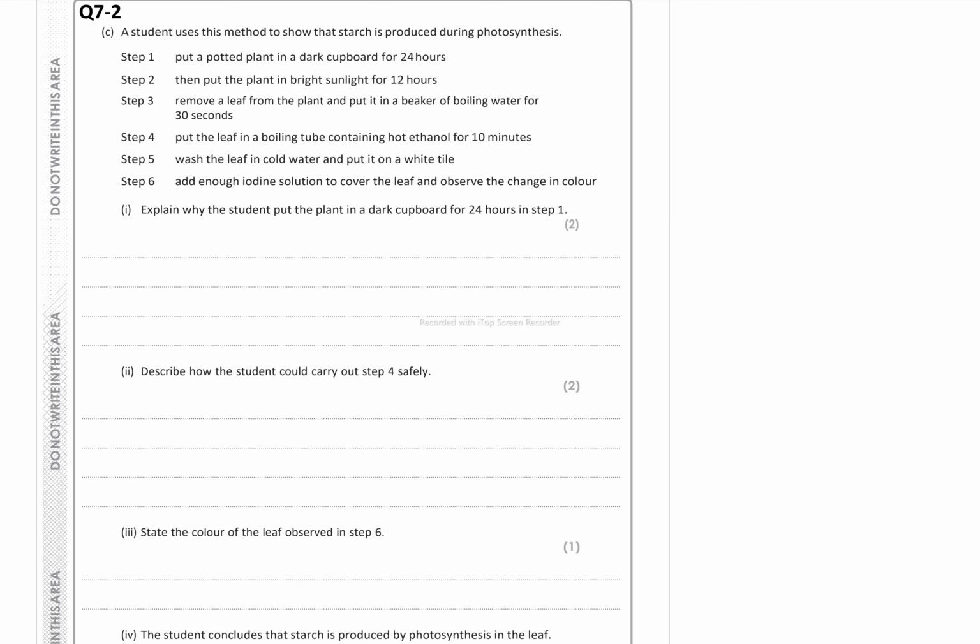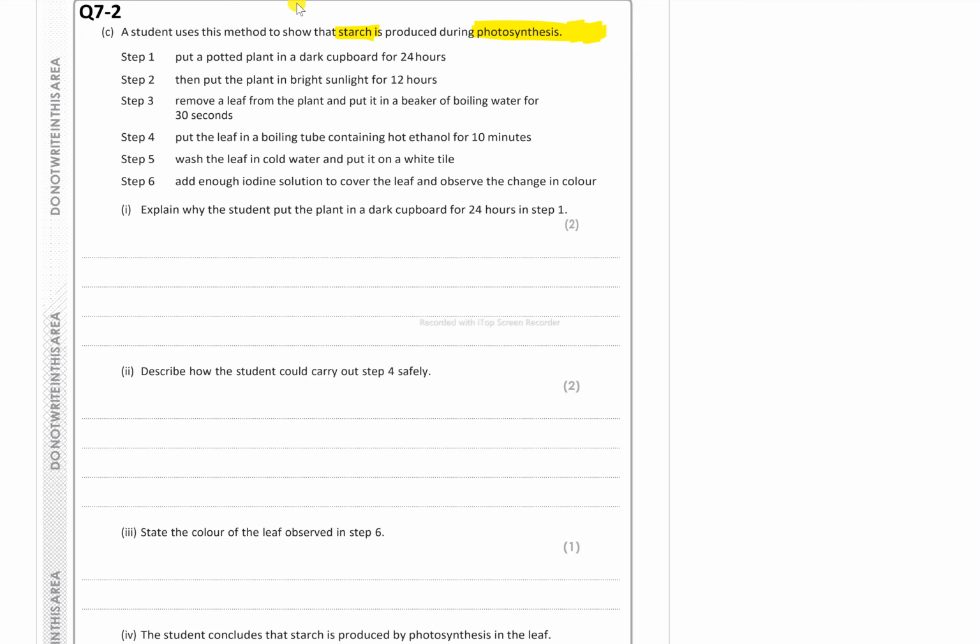This is another experiment that you need to know. The student used this method to show that starch is produced during photosynthesis. It's good to know that photosynthesis produces glucose, which is turned into starch.